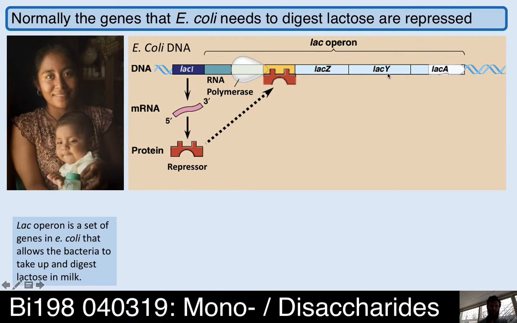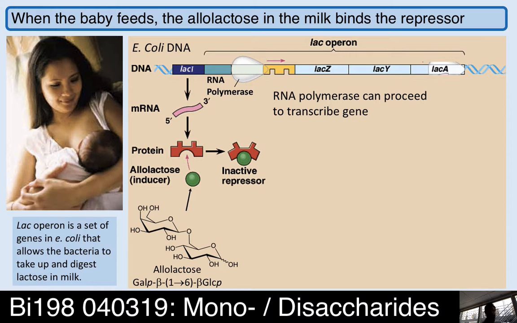All right? But now the baby has some milk, and the first thing it has to come in contact with is allolactose. The bacteria cannot absorb the lactose. It can't do anything with it. It's just sitting there swimming in the lactose.